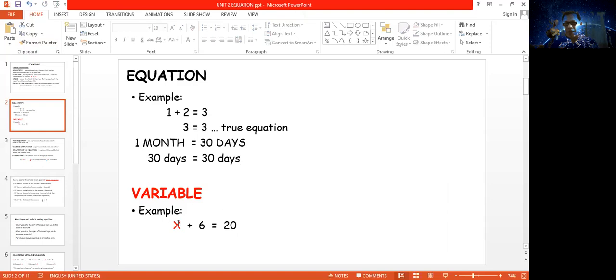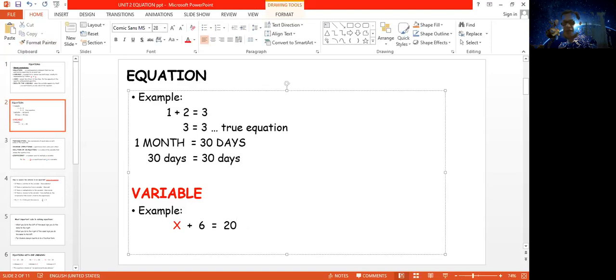The problem is we need to know the value of X. X is the question mark. That is the representation of an equation in algebra.